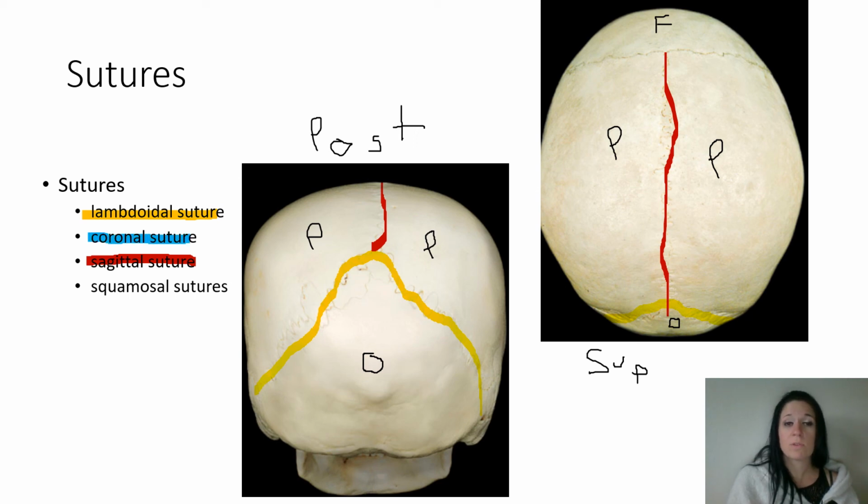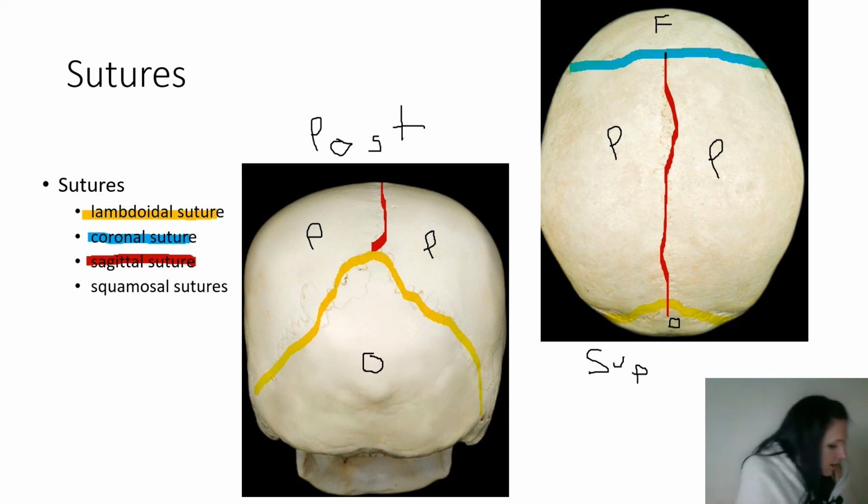The coronal suture is dividing the skull into front and back. So it's the articulation point between the parietal bones and the frontal bone. If you're looking at your skull from an anterior view, it's going to be that first suture that you come in contact with right here. So this is the coronal suture.